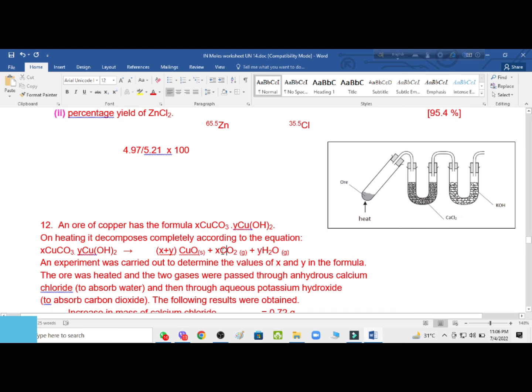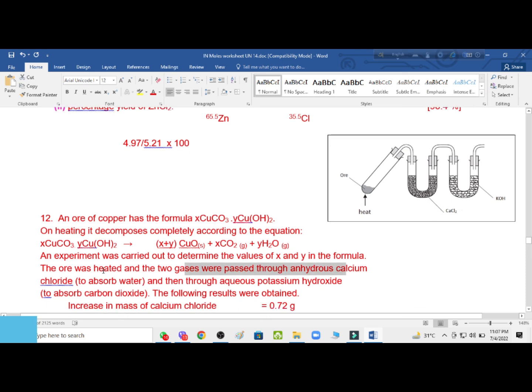Which gas will this absorb? The first U tube will absorb water, right? It says the ore was heated and the two gases were passed through anhydrous calcium chloride as the first U tube. This will absorb water. Remember, this will absorb water.